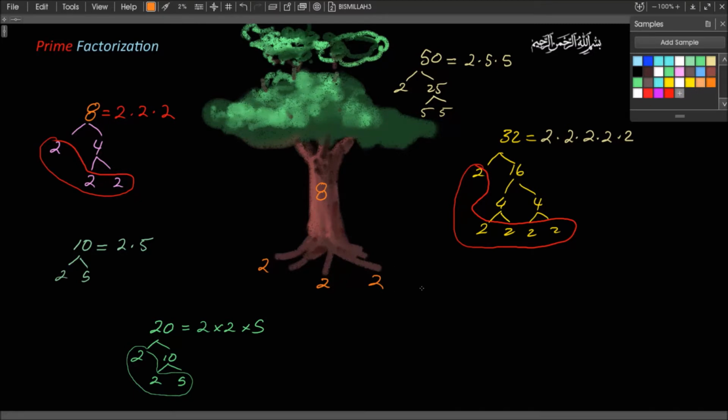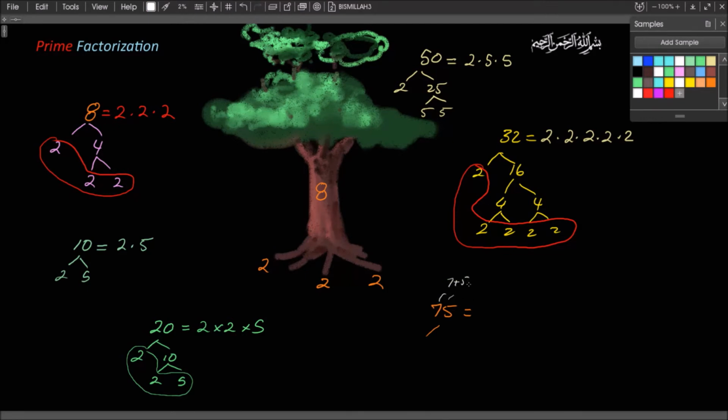And as a last example, let's do, I don't know, let's do 75, okay? Now, 75 can be rewritten as, well, 2 doesn't go in there, right? Okay, 3 doesn't go in there, does it? Well, maybe it does. How do we know if a number is divisible by 3? One quick way is by adding the digits. So it is 7 plus 5.